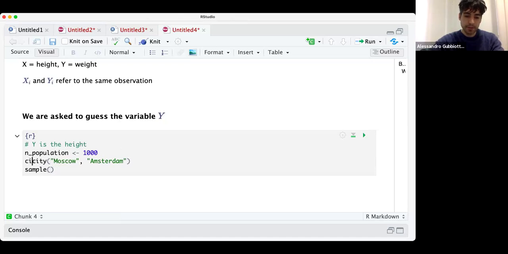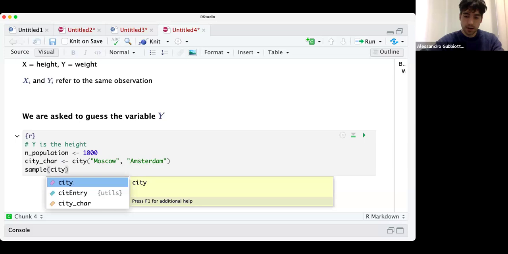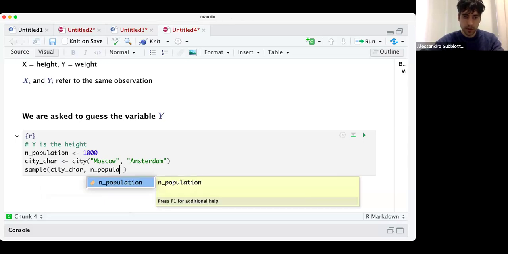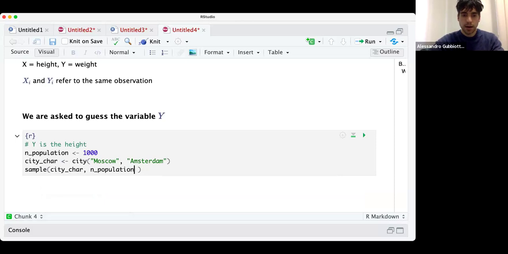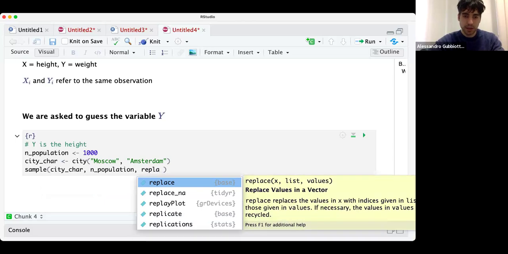And let's say they come from these cities, we assign a random city to each informant, sorry, to each member of the population. And we are selecting some cities.